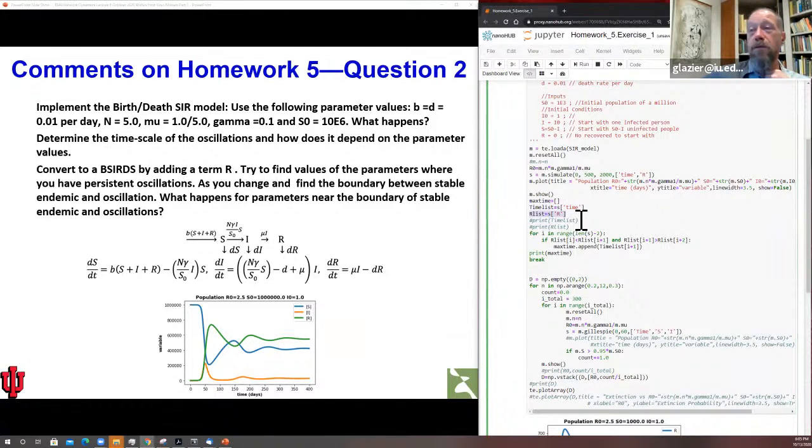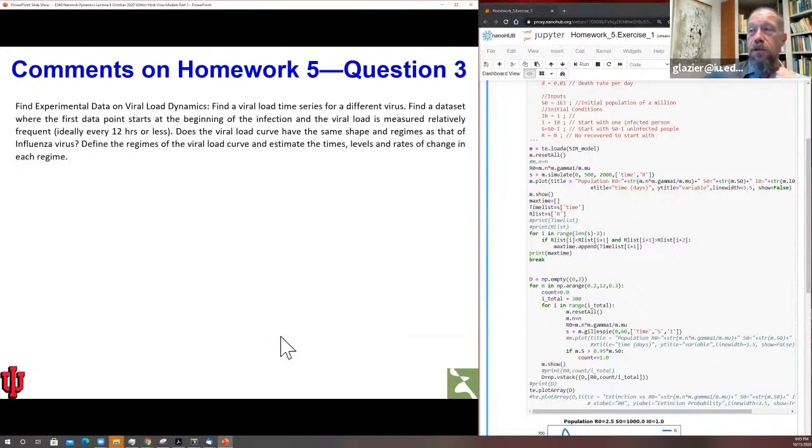We create a place to put the values. We iterate over all the elements in our list. And we say if an element is bigger than its previous one and bigger than the next one, then we append the time that corresponds to that to our max time, and then we print the max time. And if we're lucky, that should give us this point.